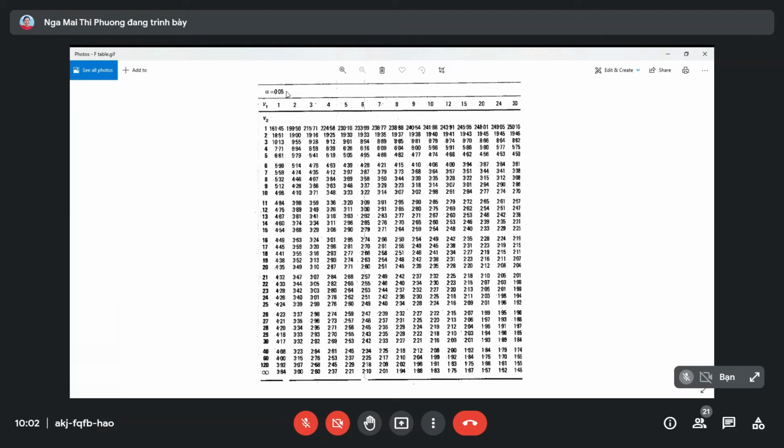This is the F table for 5% rate. Okay. So how can you use this? You have V1 and V2. V1 will be the degree of freedom for variance of treatment. And V2 is the degree of freedom for variance of errors.